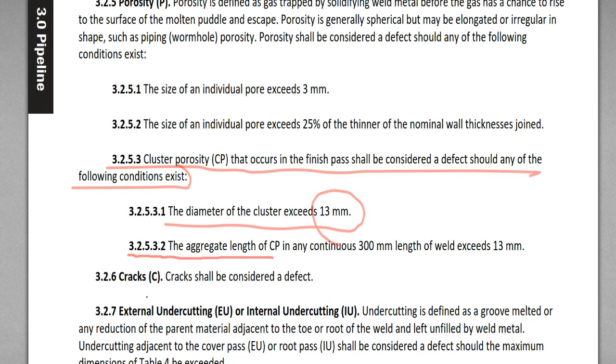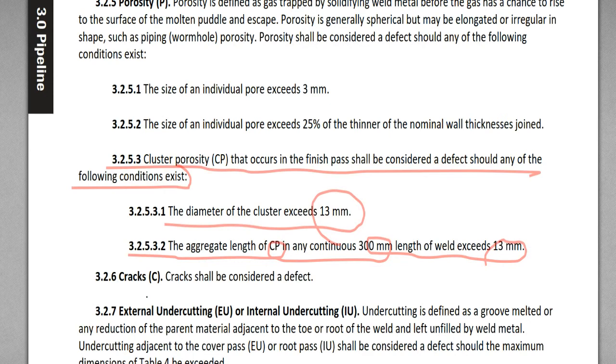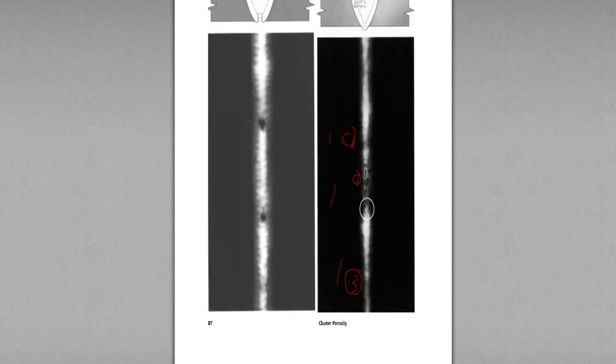3.2.5.3.2, the aggregate length of cluster porosity in any continuous 300 millimeter length of weld exceeds 13 millimeter. So cluster number 1, number 2, and number 3, and the sum of the dimensions of the clusters exceeds 13 millimeter in a continuous 300 millimeter weld.